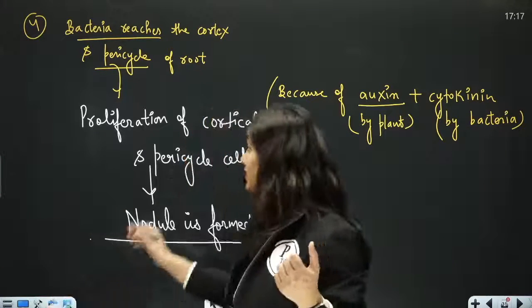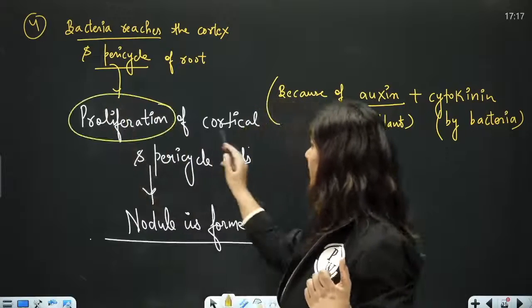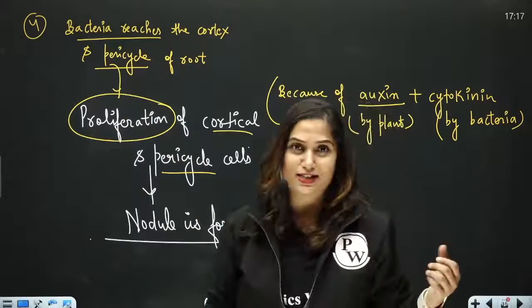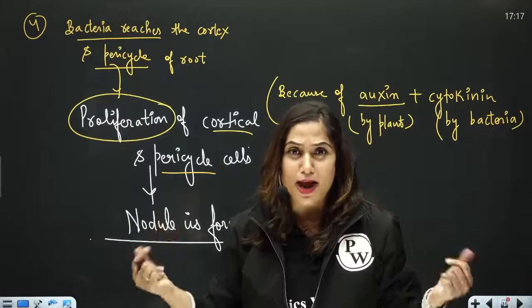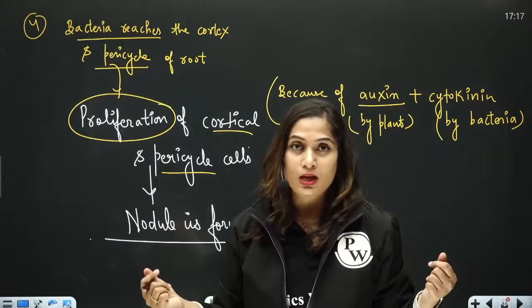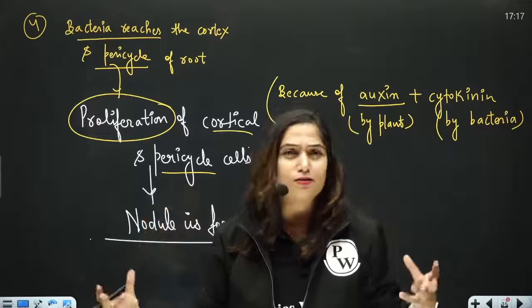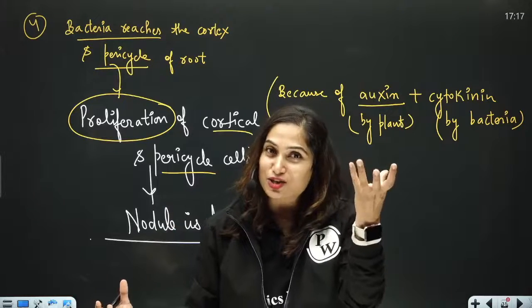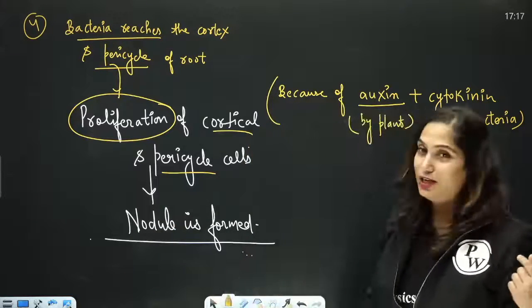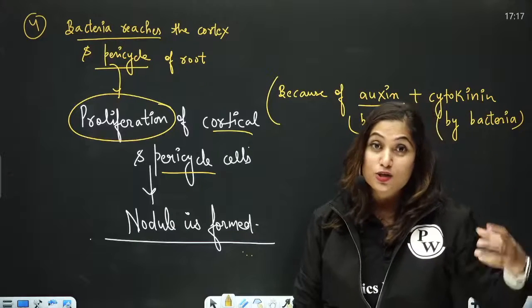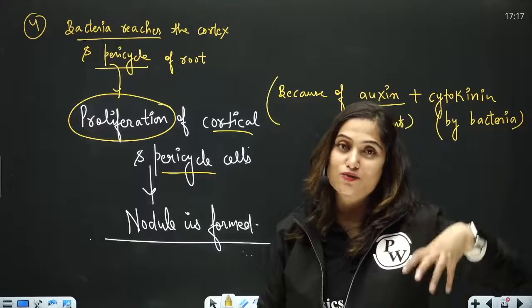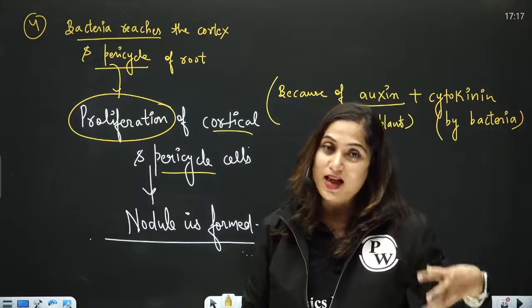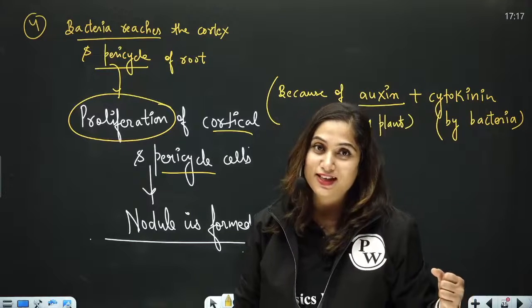This is called proliferation of cortex cells and pericycle cells, uncontrolled, rapid division. Because of the rapid and uncontrolled division of cortical and pericycle cells, a tumor-like structure is formed, and that is called a nodule. Clear? So this is how a nodule is formed inside leguminous plants, the root nodules.